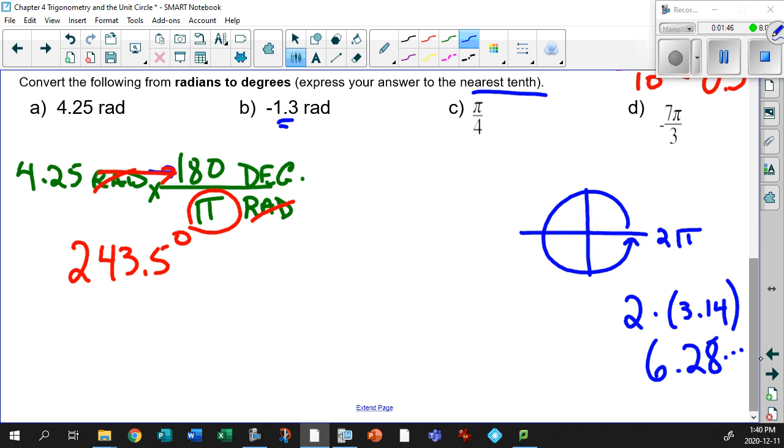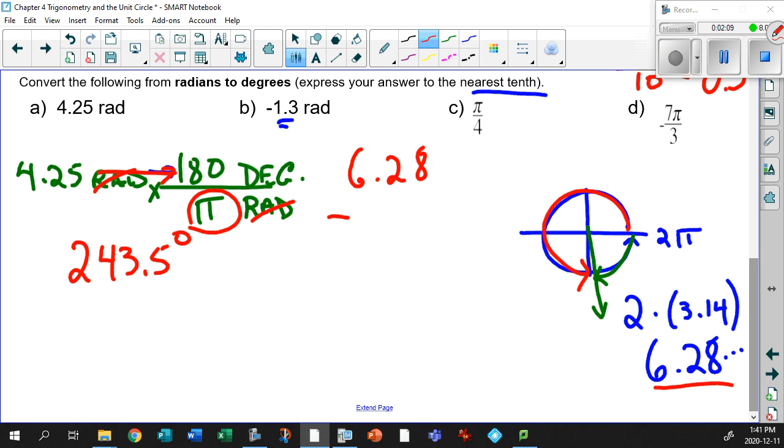Okay, so how do we go negative 1.3 radians? Negative 1.3 radians is out this way. Right? It's going to be somewhere around there. I think it's about there. That sounds about right. Okay, so think about it. What's left is subtracted from the 6.28. So there's the 6.28.